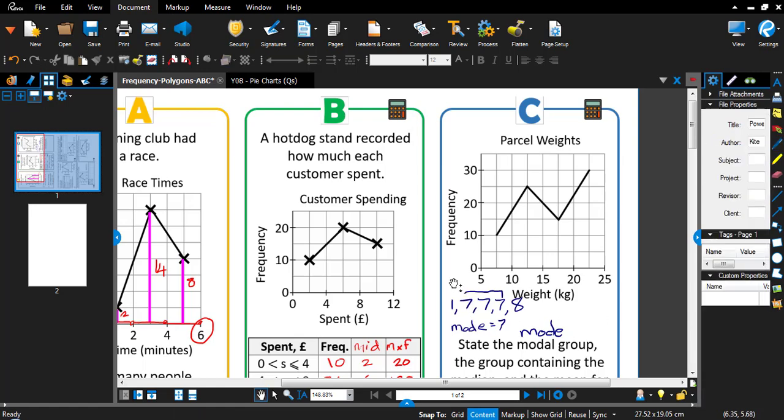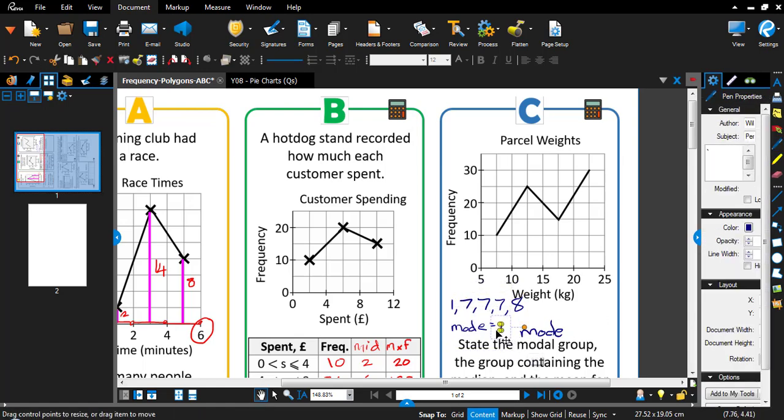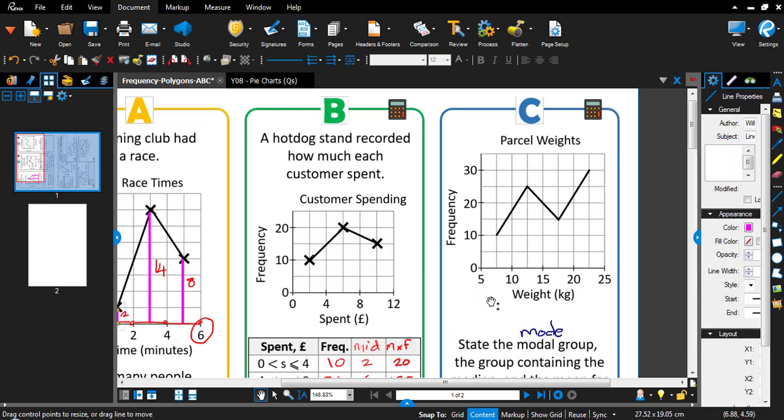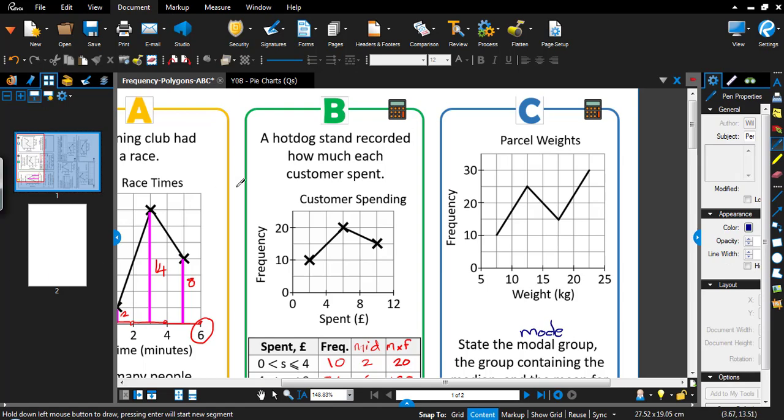So let's just take out that example and we'll go back to where we need to be. So where is the highest frequency? Well, frequency is on the y-axis. The highest frequency is here. We can see it's 30. So we know that 30 parcels had a weight between 20 and 25 kilograms, right?